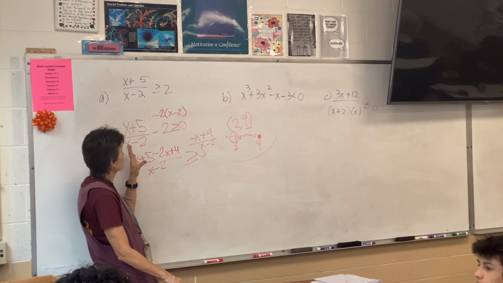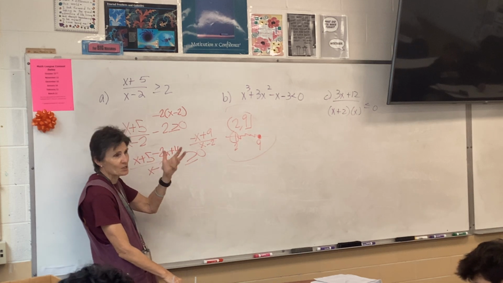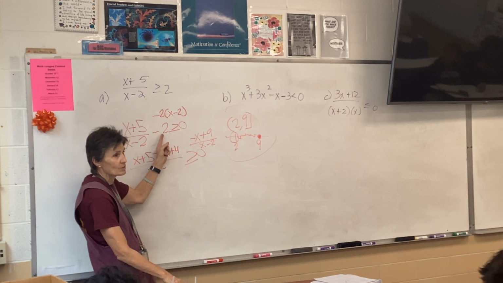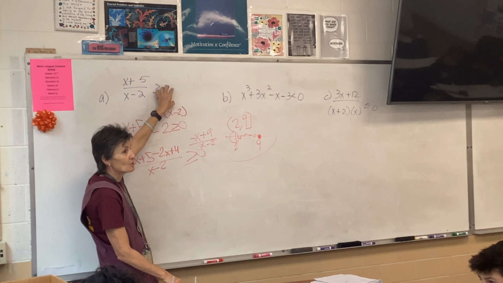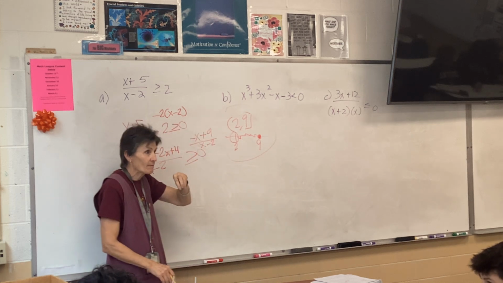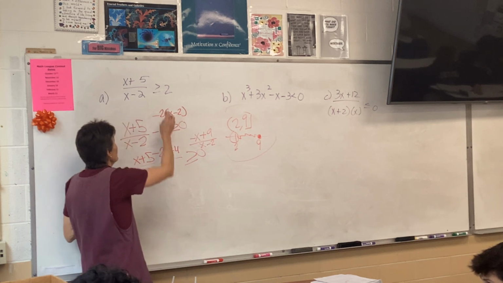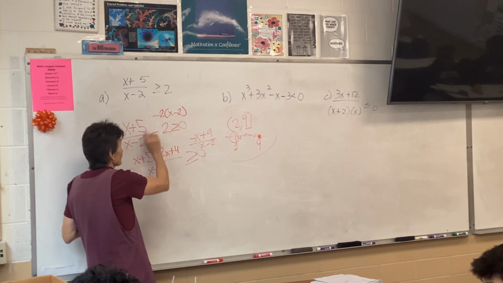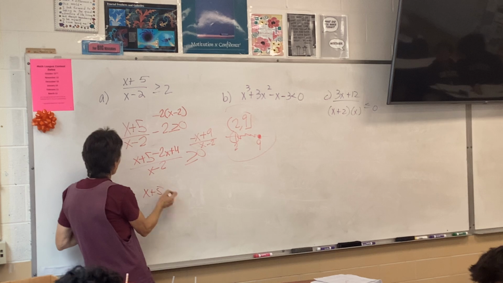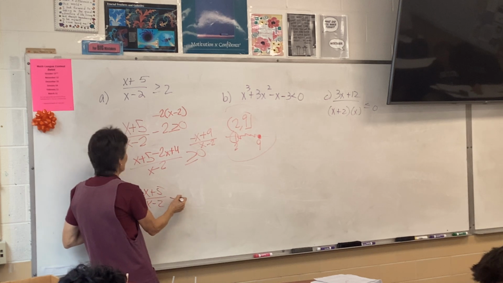Here's what Joe Garvey and maybe Jay did. They moved the 2 over to the other side. When you're solving an inequality by hand, you gotta have 0. So they moved the 2 to the other side. Then they had x plus 5 over x minus 2.